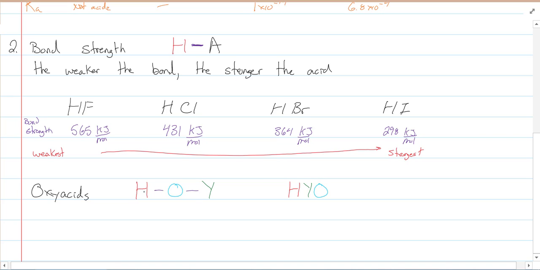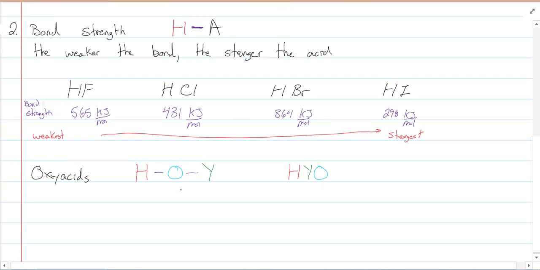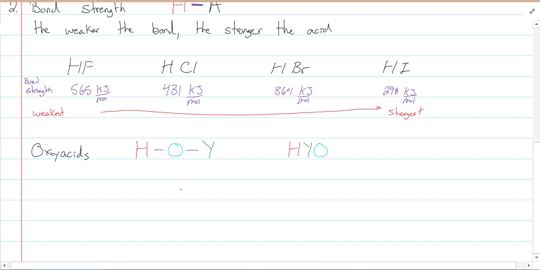But they're always H bonded to the O. And again, two factors affect acid strength, or I could say two factors affect the size of Ka.